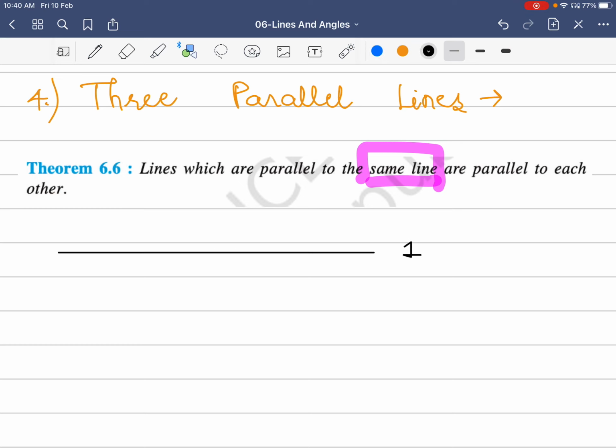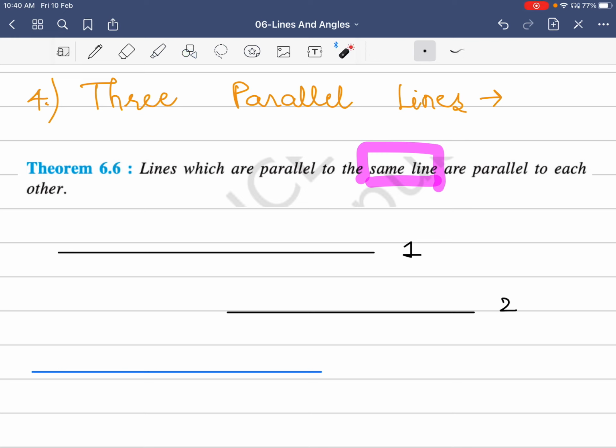I'm just going to write here line number 1, and let's say we have this line number 2. So this is my line number 2. Now, if line number 1 and line number 2 are parallel to a third line, some other random third line, I'm going to draw the random third line here. Let's use a different color.